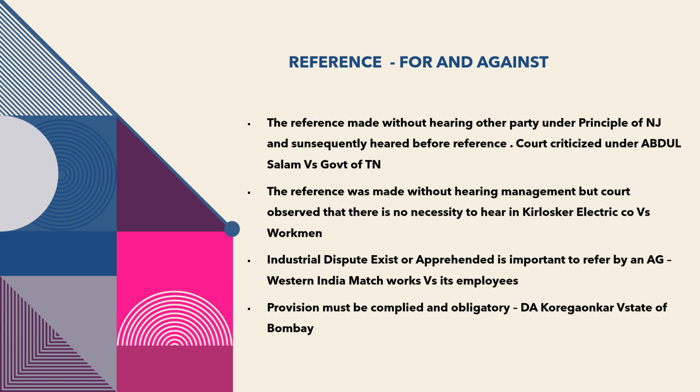The court also cannot ask the government why it has not referred the matter in time. The appropriate government can keep the matter for deciding, based upon the material and the facts behind the dispute.